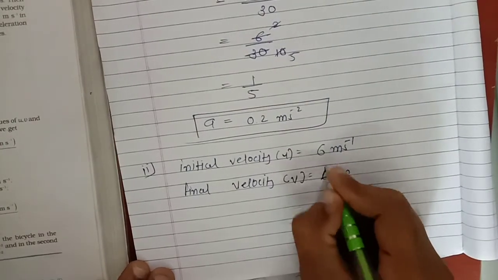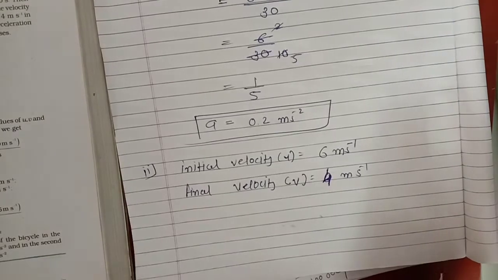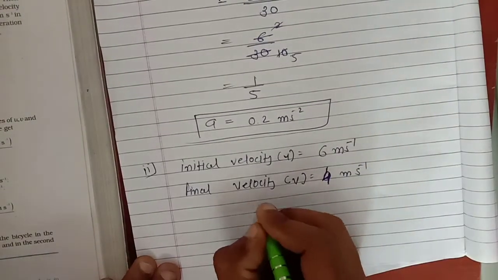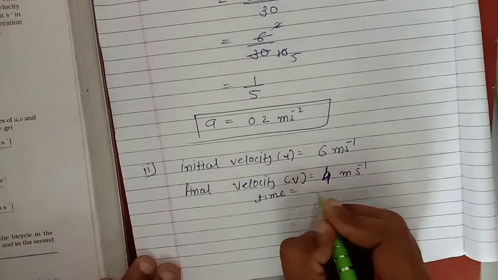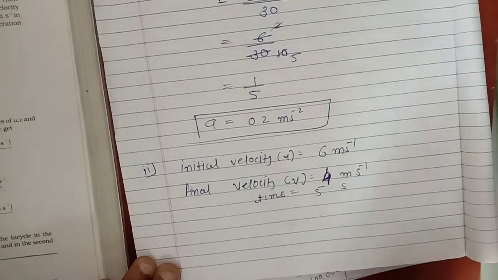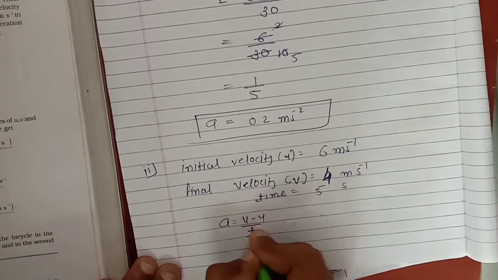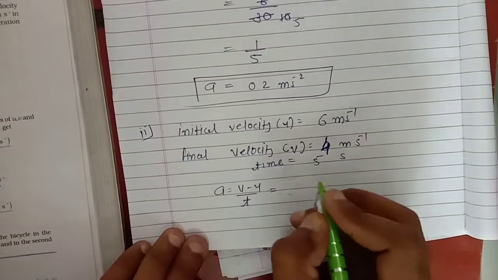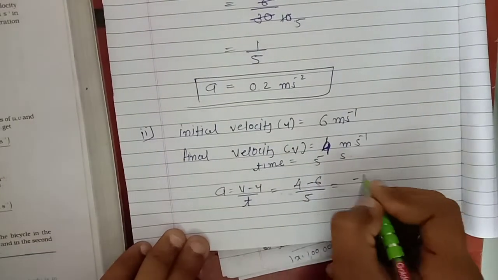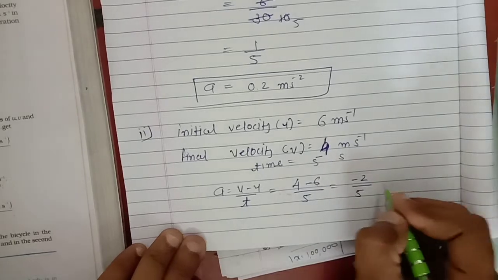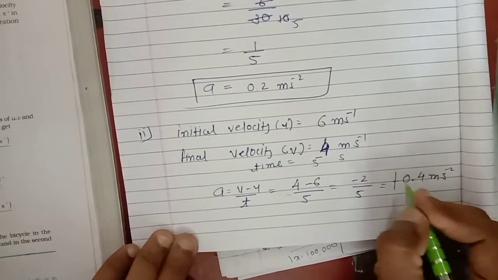After we apply the brake, velocity reduces and comes down to 4 meter per second. Time is 5 seconds. It is also given. So again, acceleration is v minus u upon t, 4 minus 6 divided by 5, minus 2 upon 5, it means minus 0.4 meter per second square.